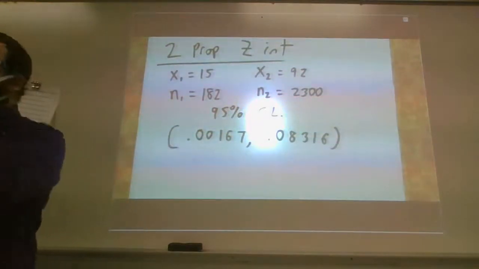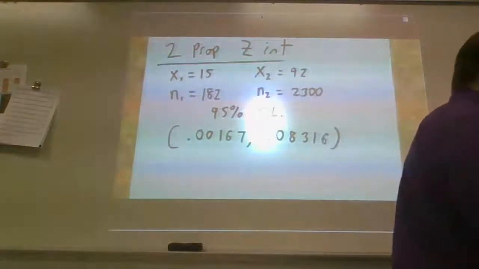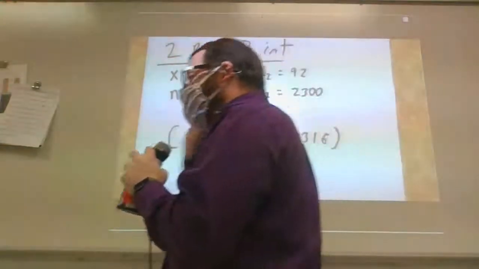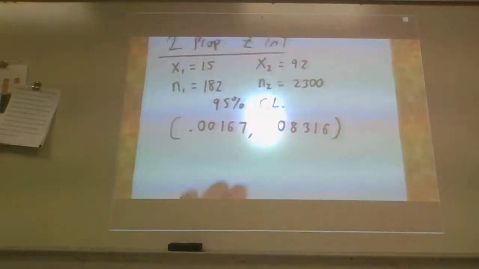The 2 prop z interval is working with the assumption that we don't know what the true proportion is. Or, I'm sorry, let me rephrase, the true difference in proportions. Let me write down this statement right here. It doesn't interpret the interval, but it does help show the difference between this and the hypothesis test.